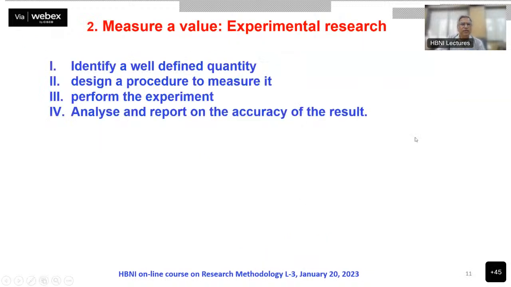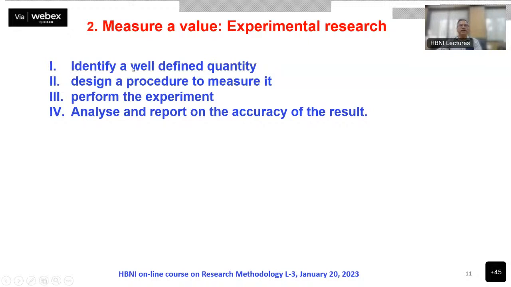So this was about the research methods. You can have different research methods depending upon your type of research, and you can employ different research methods to test the hypothesis in your work. The second type of research is a measurement of a value. So you have basically an experimental research because you have some instrument by which you are measuring the experimental quantity.